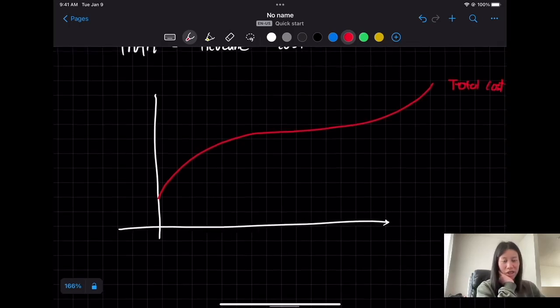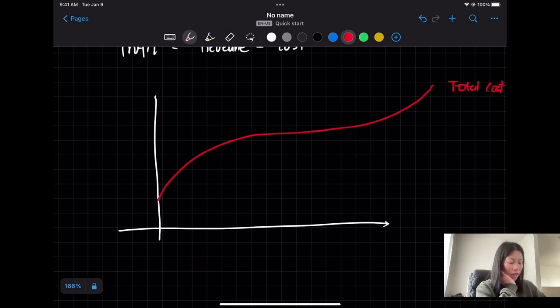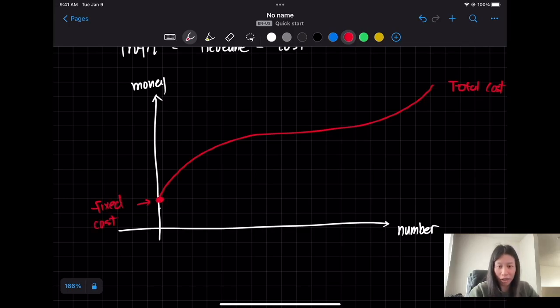So how do you interpret this line? Well, at this point, when you don't have any items, let's say this is the quantity of the merchandise that you produce, this is how much you pay for that. So at this point, this is your fixed cost. That means even though you produce nothing, you still need to pay this amount of money, right?